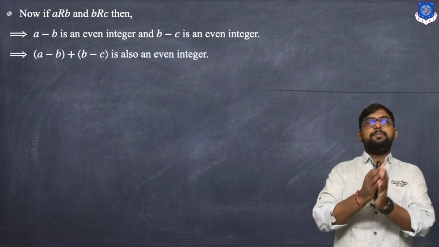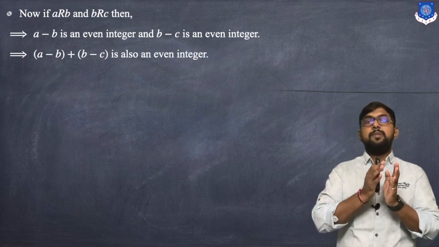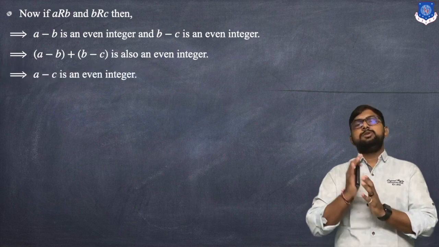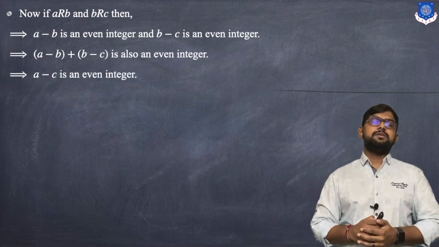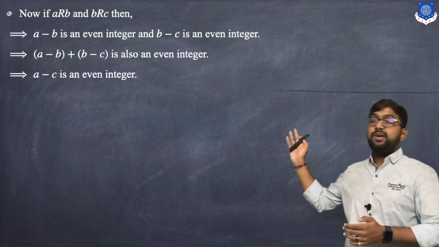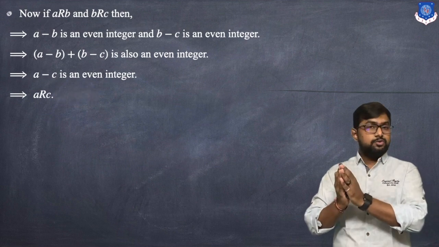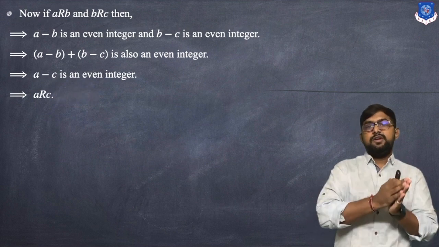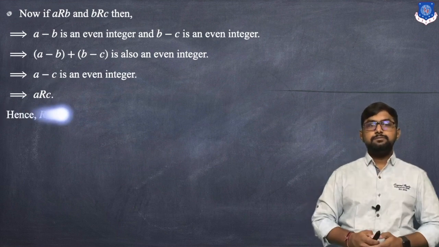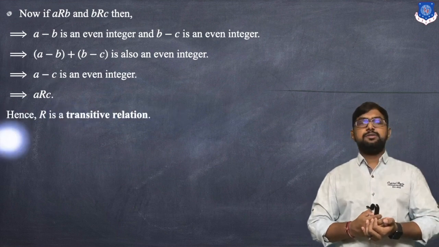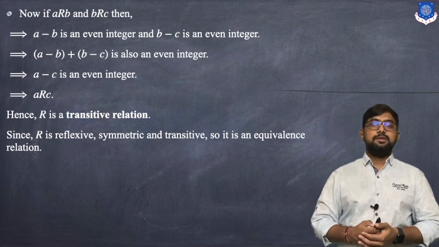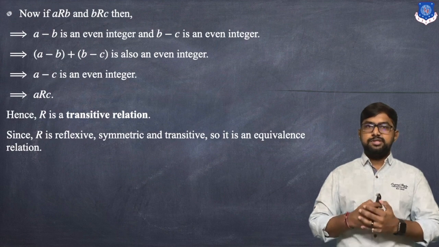So a minus b plus b minus c is an even integer. Now minus b and plus b is 0, so what is left? a minus c, which is also an even integer. So by the definition, a is related to c. So that's proved. Hence R is a transitive relation, and since it is reflexive, symmetric and transitive, the given relation is an equivalence relation. Easy.